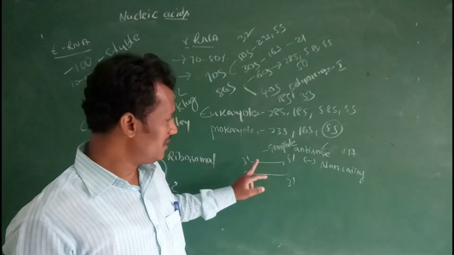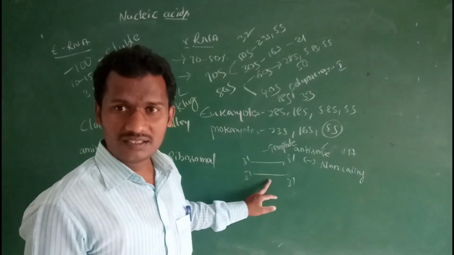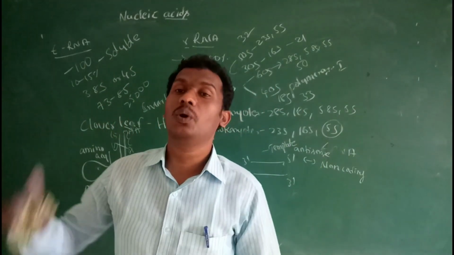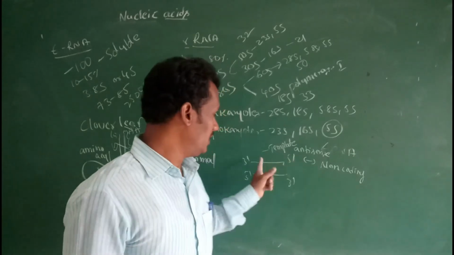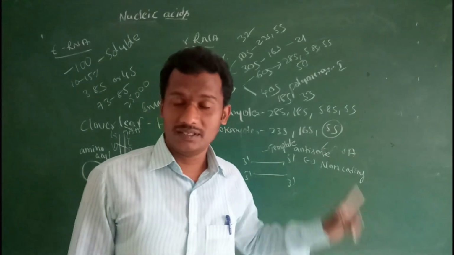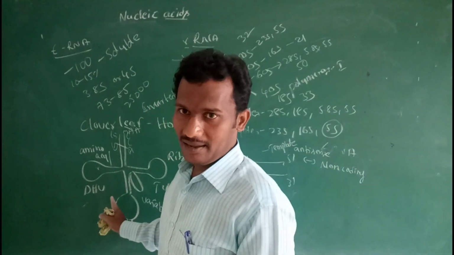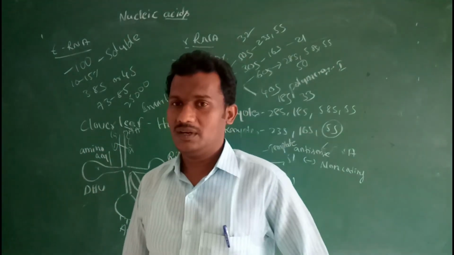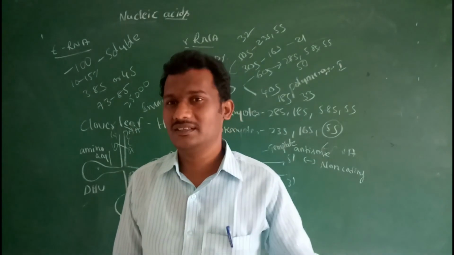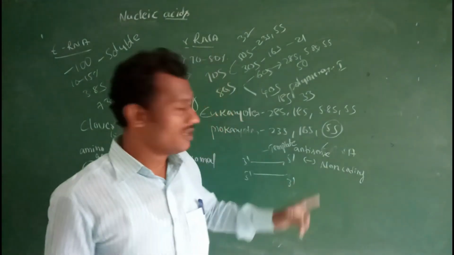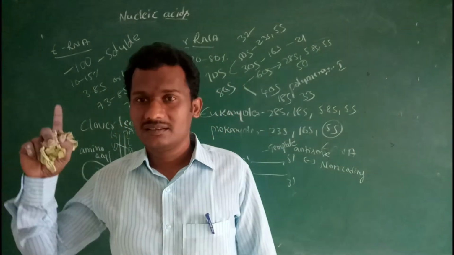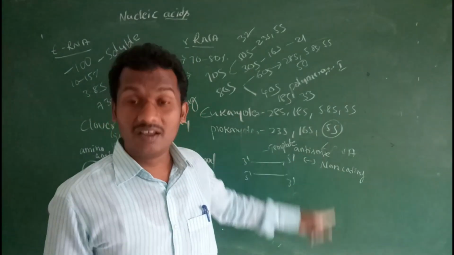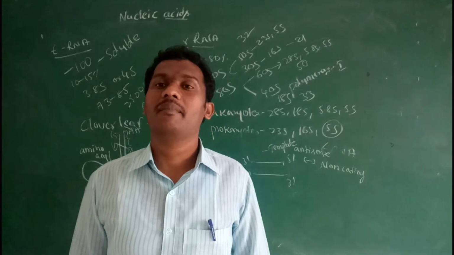Because these nitrogen bases are complementary to the 5' to 3' strand, that means complementary to mRNA. These nitrogen bases are similar to tRNA. In tRNA, the nitrogen base sequence is known as the anticodon, similar to the antisense strand and complementary to the mRNA strand.